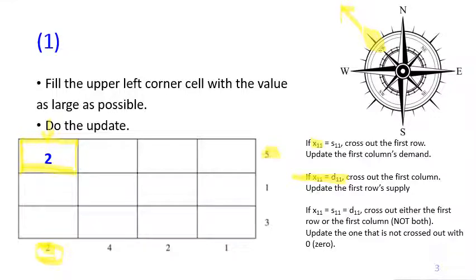Then what we do is cross out the first column, which means that we will not fill anything anymore in that column. And then we update the row supply to become 3 because 2 has been taken to satisfy the demand at demand point 1. Okay, so this is the update rule. You check if it's exactly the same as the demand, then you cross out the column and update the supply.